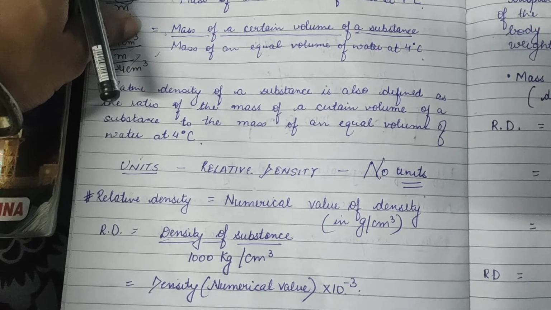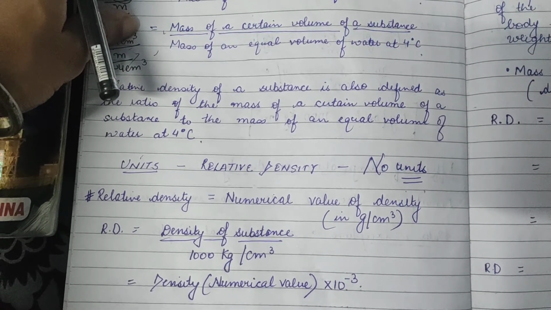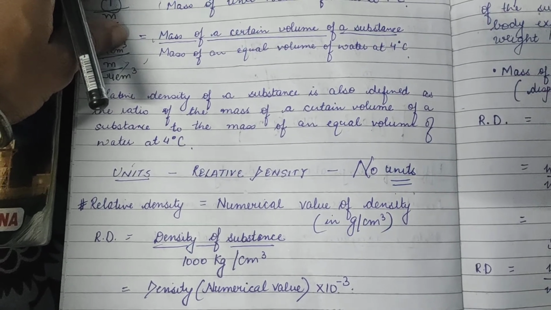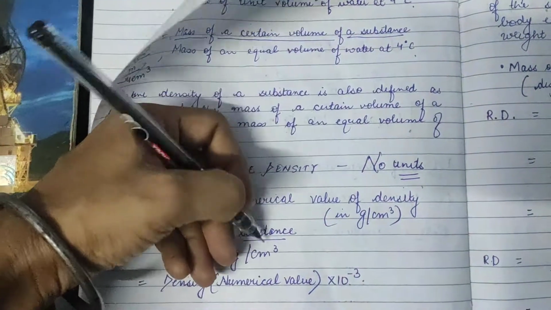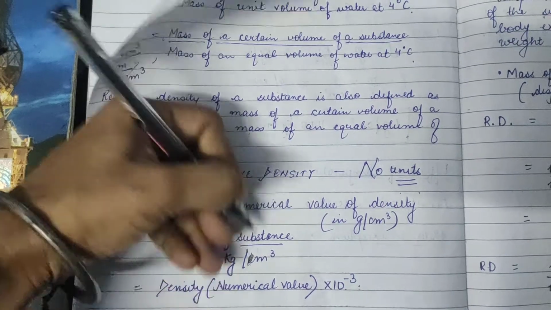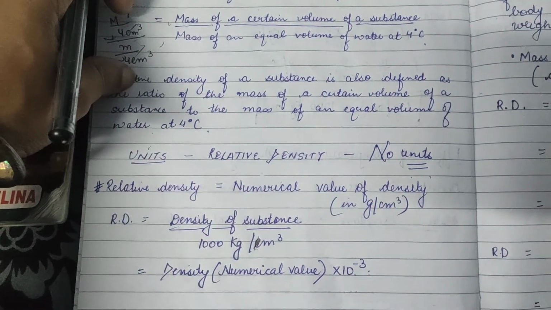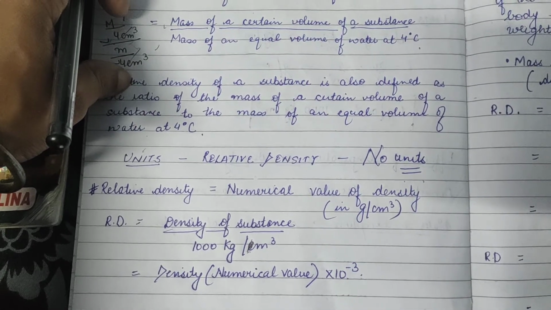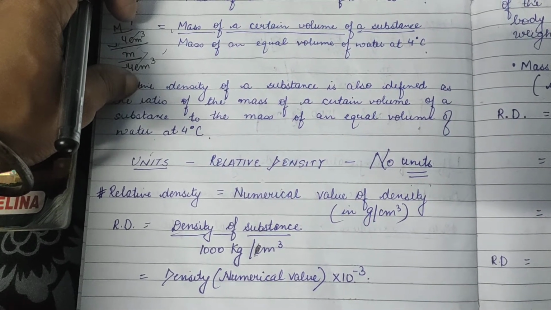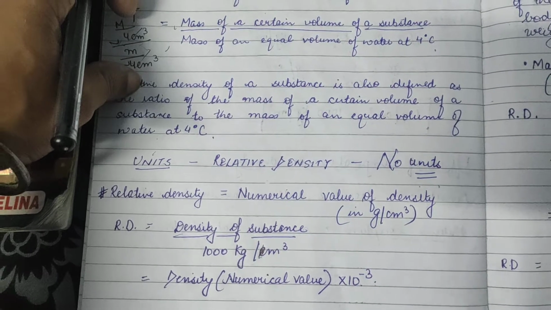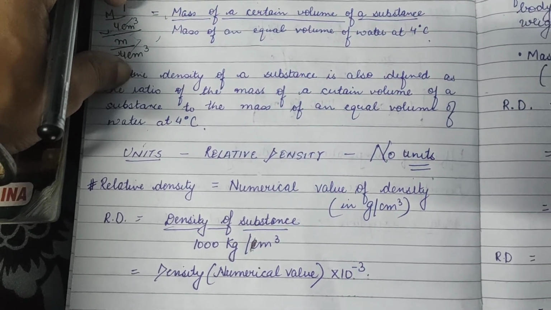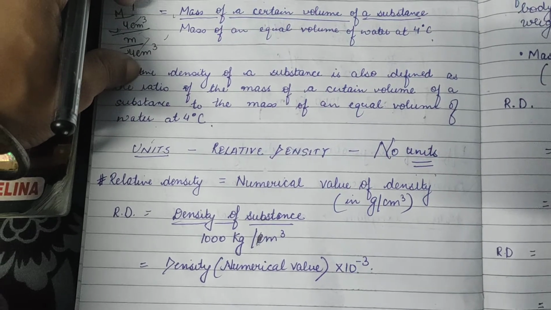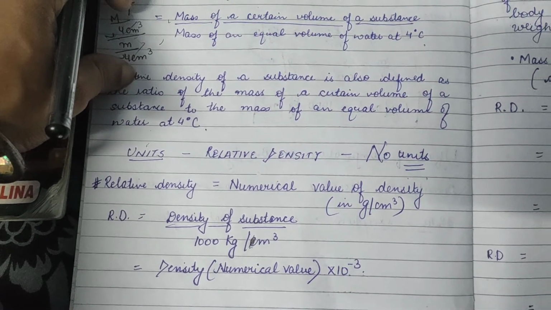So what are the units of density we have? That is gram per centimeter cube or kg per meter cube. We know that 1 gram per centimeter cube is equal to 1000 kg per meter cube. So when density is in gram per centimeter cube, the relative density is directly equal to the numerical value of density.